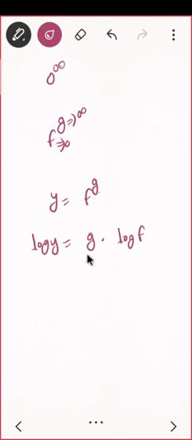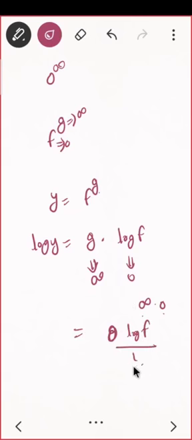And look at this: your g goes to infinity, and what about your log f? As your f goes to 0, log f goes to 0. So this is of the form infinity into 0. How can you solve this type of problem? I just now told you. You just need to write log f upon 1 upon g. Log f goes to 0 and g goes to infinity, so 1 upon g goes to 0.